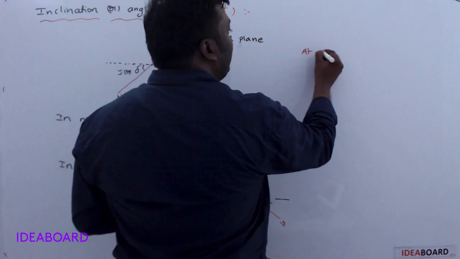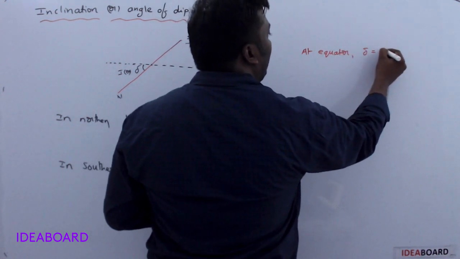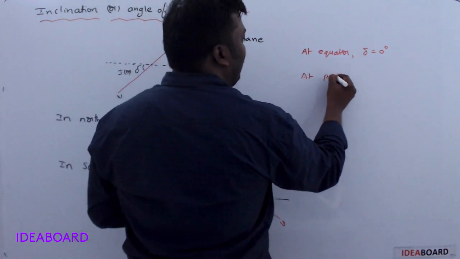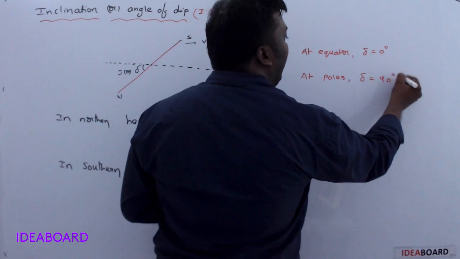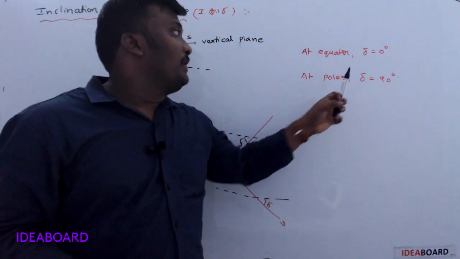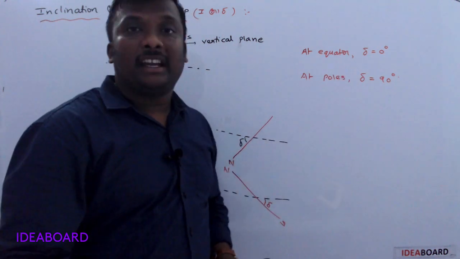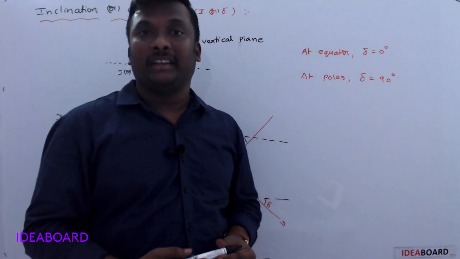Particularly at the equator, the angle of dip value is 0 degrees, and at the poles the angle of dip value is 90 degrees. For examination purposes, those two values are very important. At the equator, delta value is 0 degrees, and at the poles delta value is 90 degrees.